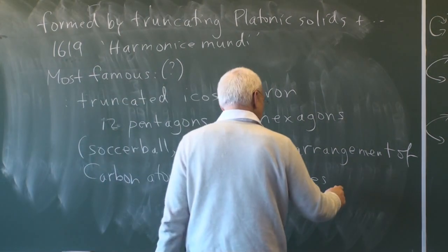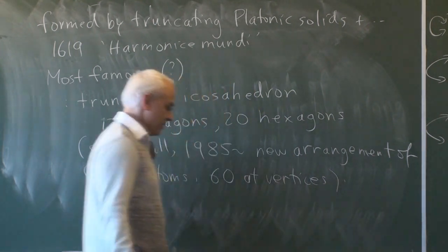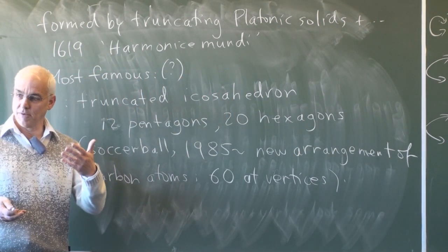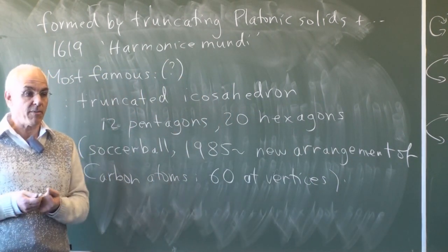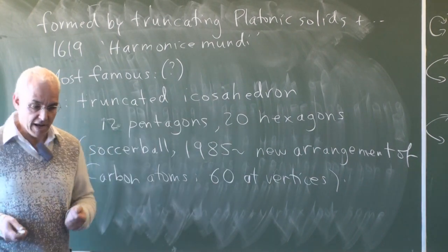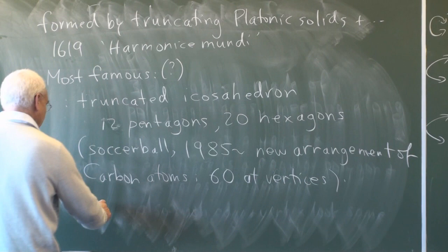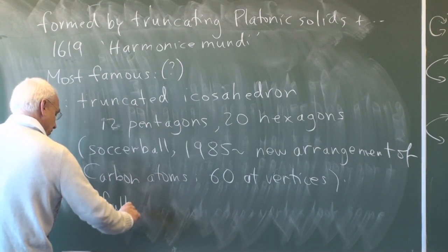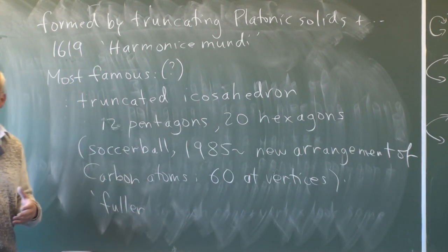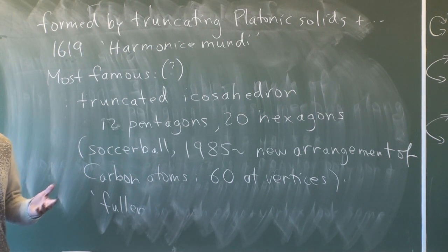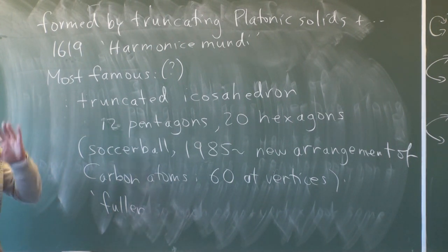60 at the vertices. And this was then subsequently produced in the laboratory by chemists and given a name. There's sort of a family of these things, but they're called fullerenes, or Buckminster fullerenes, for a famous architect, engineer, inventor who created the geodesic dome.